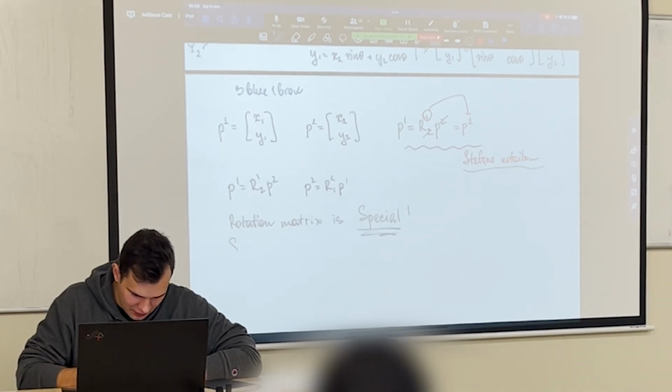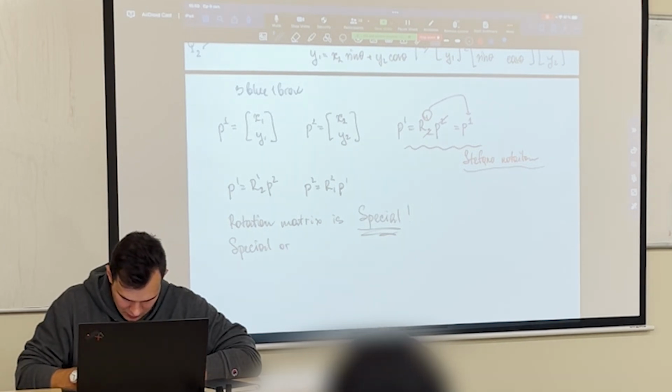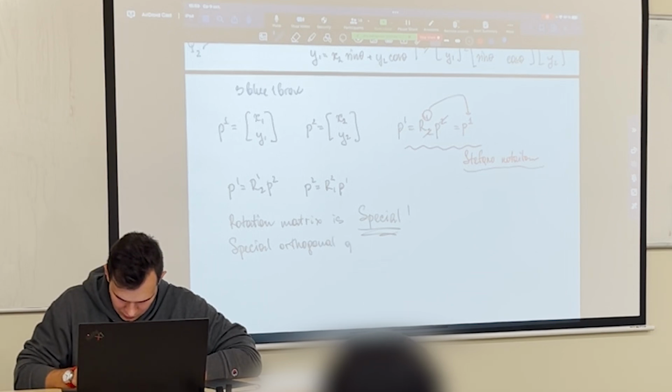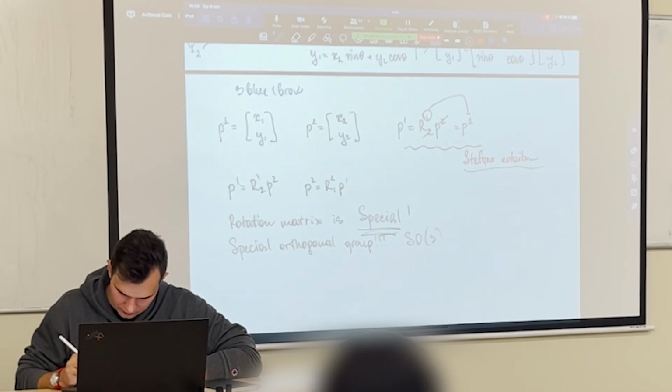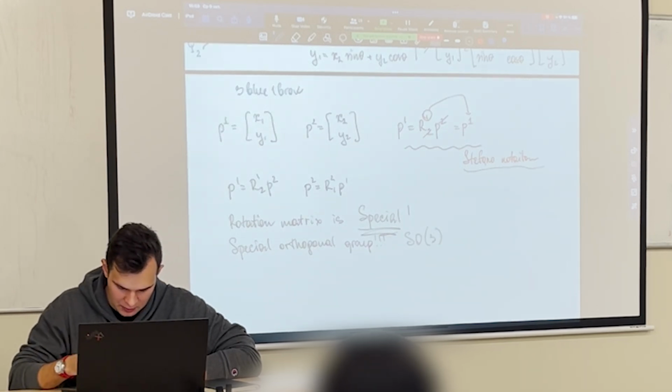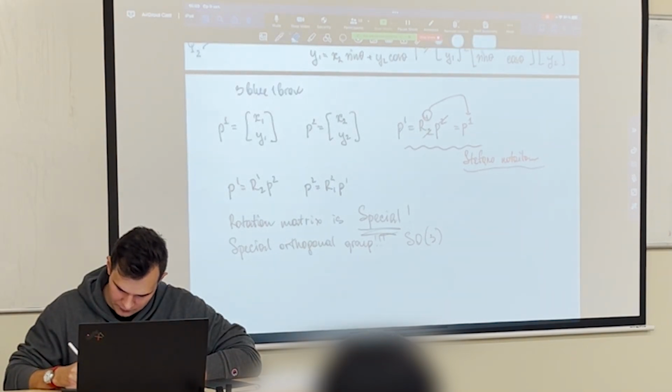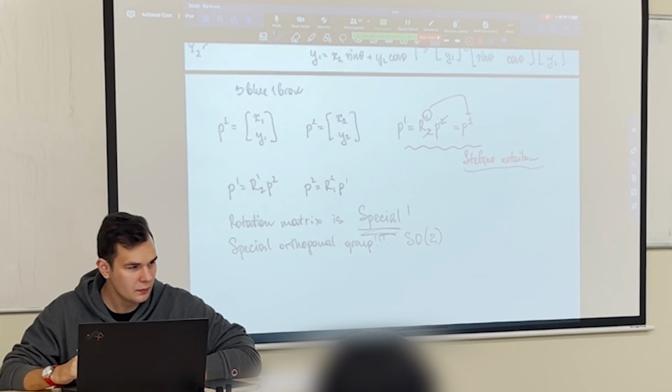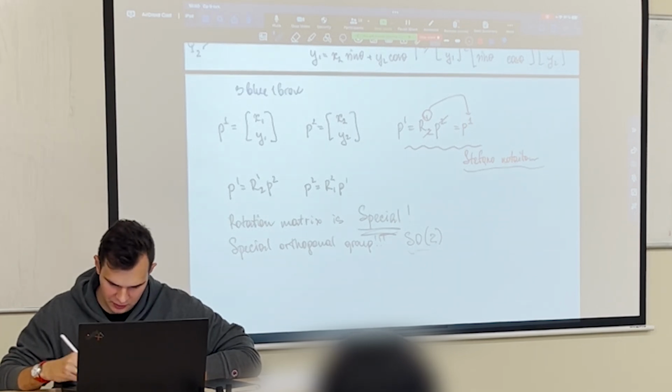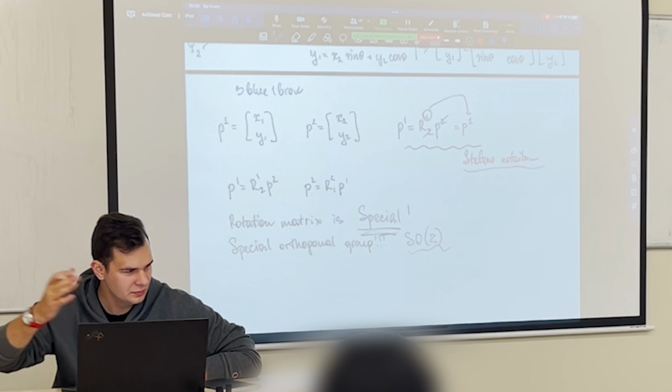It's called the special orthogonal group, and it's denoted as SO3. But the particular one that we have written is SO2. I will explain it in a minute.